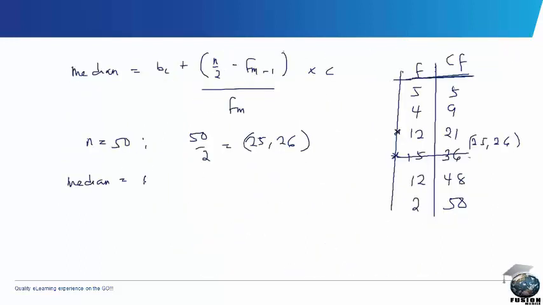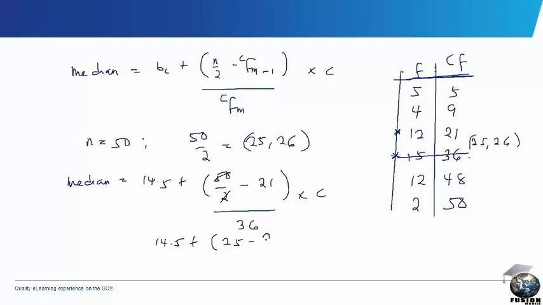You have 14.5 plus n, which is 50, over 2 minus the cumulative frequency before the median class, which is 21, all over the cumulative frequency of the median class, 36, times the class width, which is 2. So we have 14.5 plus 25 minus 21 all over 36 times 2.